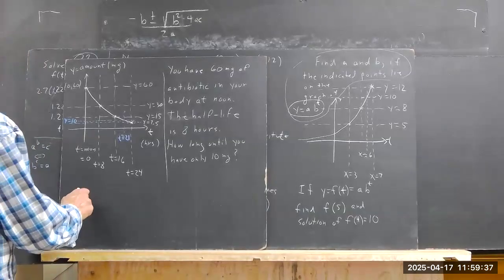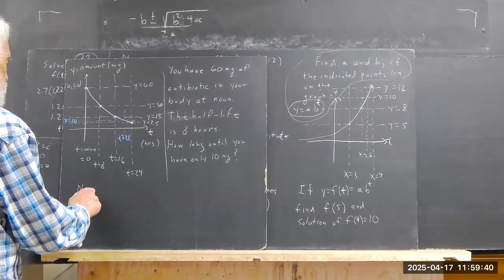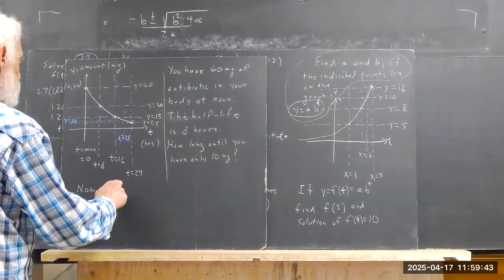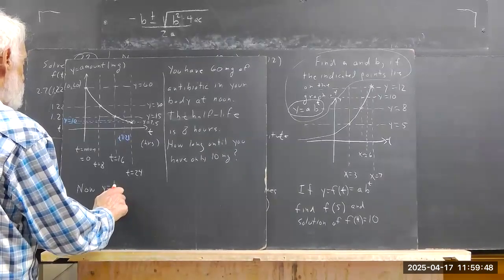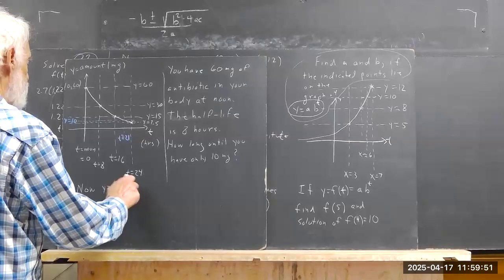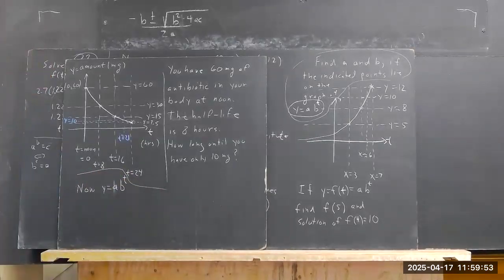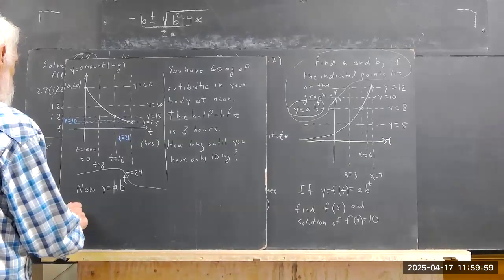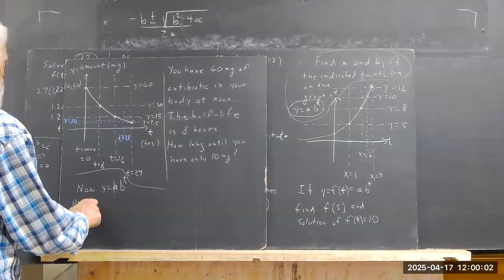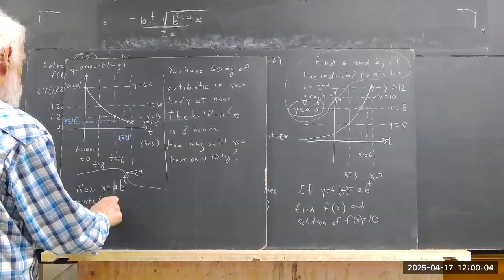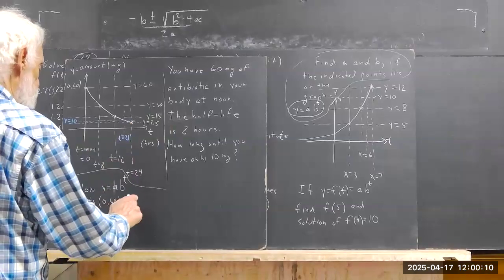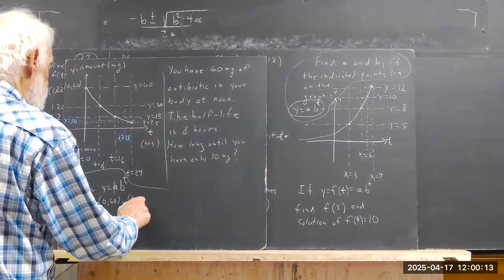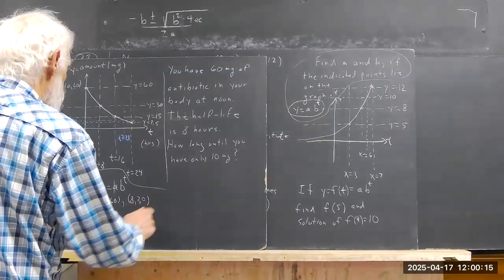Okay, so now a b to the t. Points are 0, 60. And we could use any one of these points. We'll just go ahead and use 8, 30.